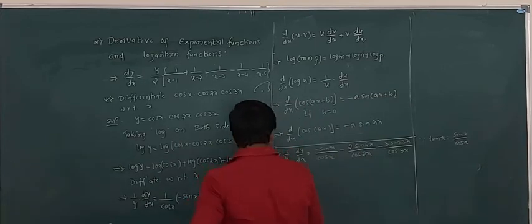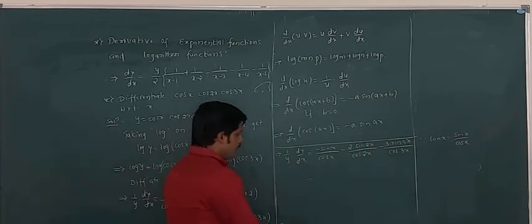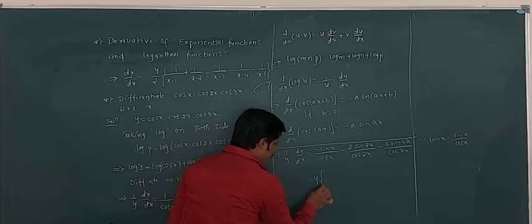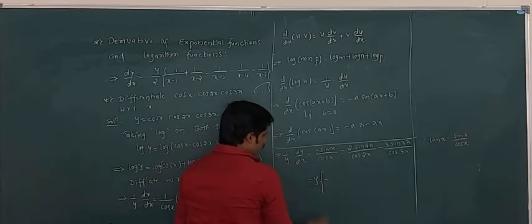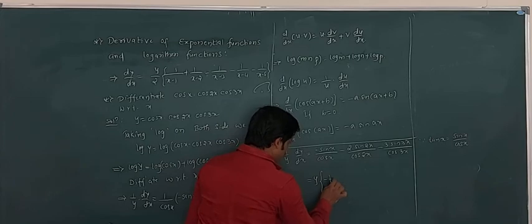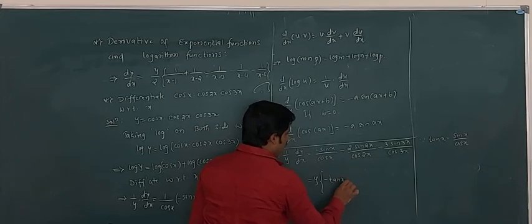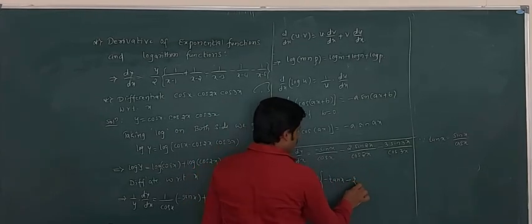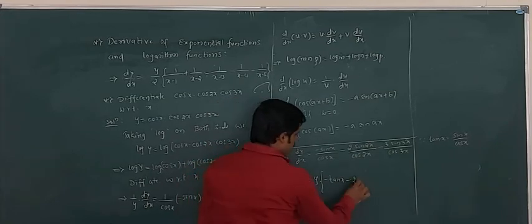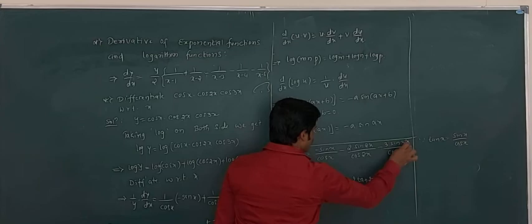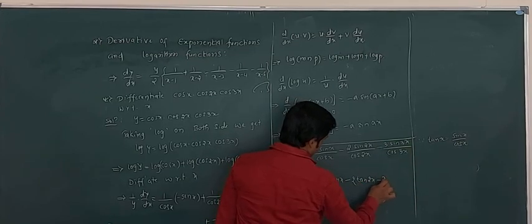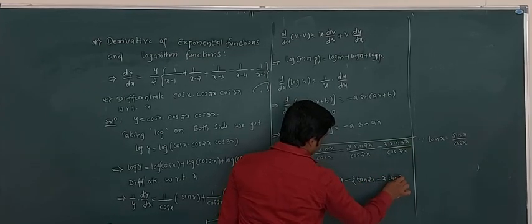Now transfer this y to the RHS part. So y into minus sin x divided by cos x, which is tan x, so minus tan x. Again minus 2 sin 2x divided by cos 2x is 2 tan 2x, and minus 3 sin 3x by cos 3x is 3 into tan 3x.